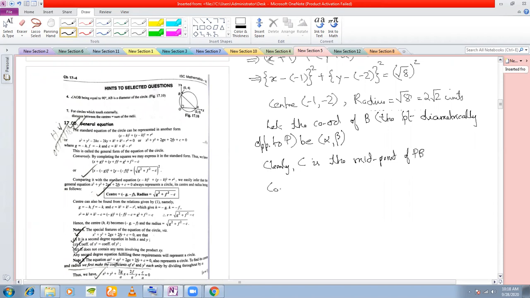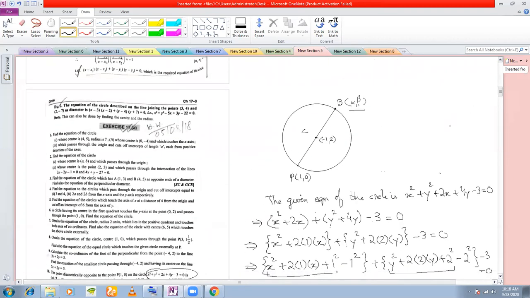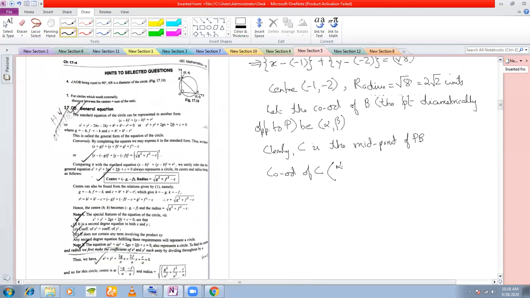So what are the coordinates of C? If you see the circle here, P is (3, 4), and in terms of alpha and beta, the coordinates of C are (alpha plus 1) by 2 and (beta plus 0) by 2, which is equal to C (alpha plus 1 by 2, beta by 2). And what are the coordinates of the center that I've got here?